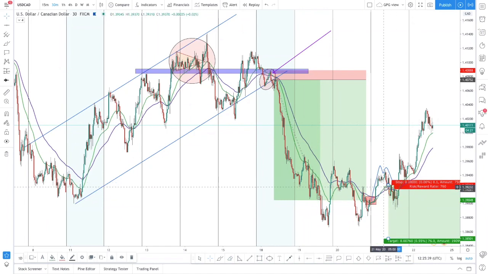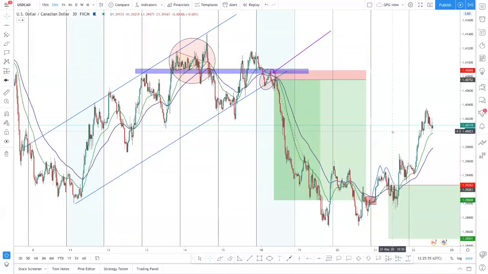I sold it right here. It went into profit for about 35 pips. Our stop loss wasn't even more than 15 pips. So we already went to break even when price was around here, and then it completely reversed against us. Hit us at break even, so no loss really here.